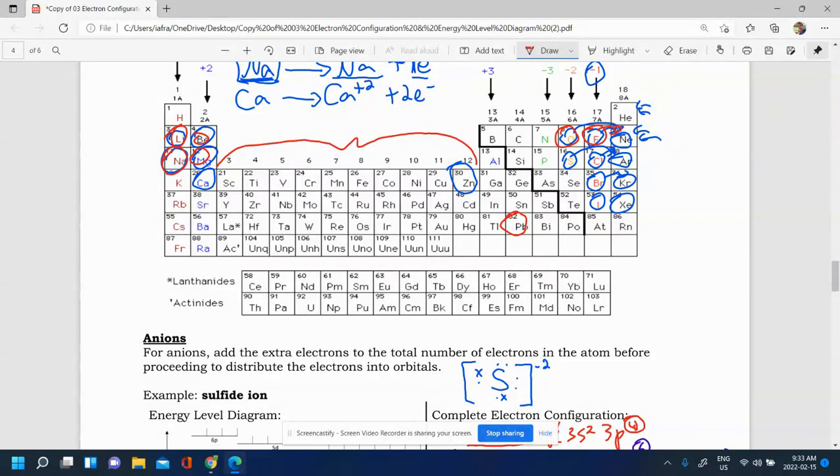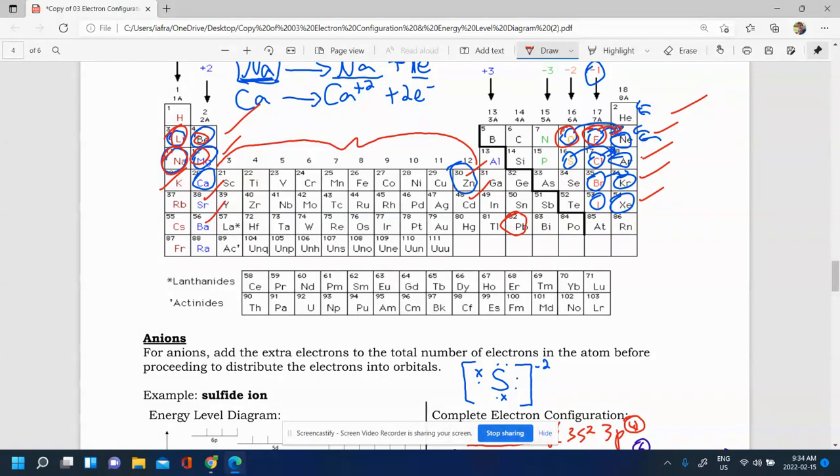But basically, we're going to have 1s2, then 2s2, then all the way 2p6, then 3s2, then 3p6, then 4s2 here. Then we're going to our 3d10 over here. Then we go into our 4p6. Then we have our 5s2, and then we go into our 4d10, and then our 5p6. Now we're going into our 6s2.